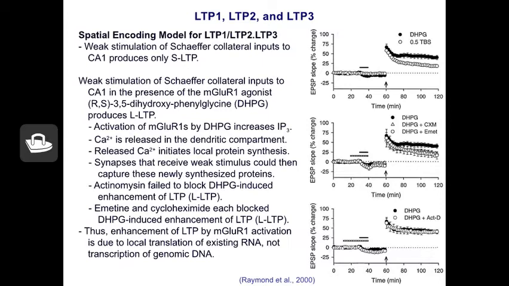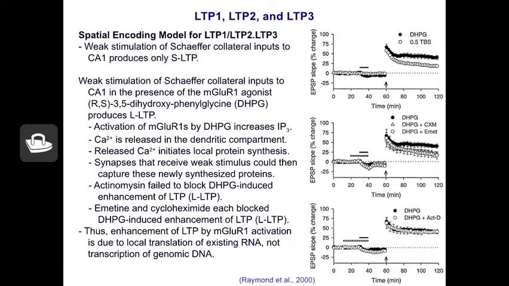If the effect of DHPG was due to mGluR1 induction of genomic transcription, then all 3 drugs, actinomycin, which blocks transcription specifically, and cyclohexamide and emetine, which block translation, all 3 drugs should block the effect of the mGluR receptors.